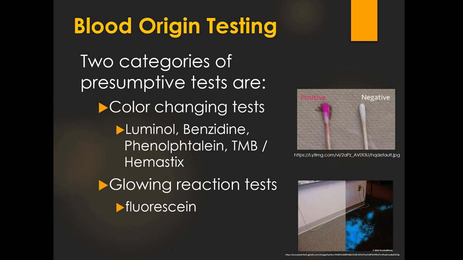Those are color changing tests. The other are glowing reaction tests of fluorescein. So looking at a floor, I don't see anything, but if I spray this on and put it under a black light, I can see that there's been blood there. So those are the types of tests we're going to be talking about and going into.